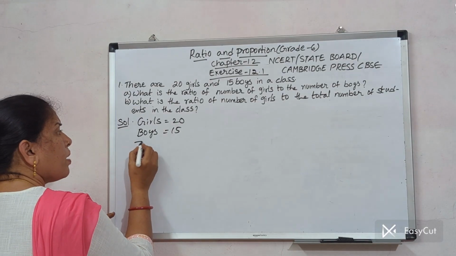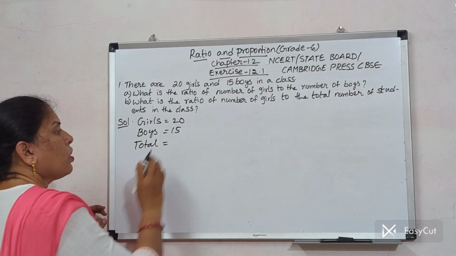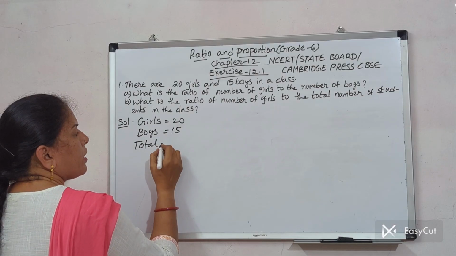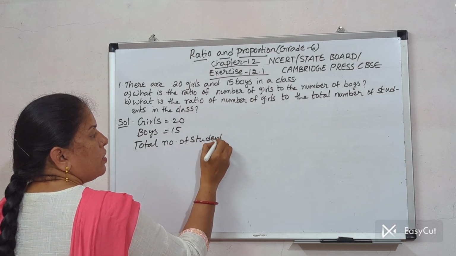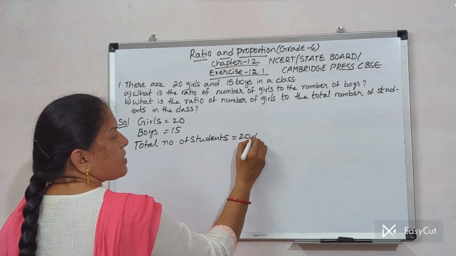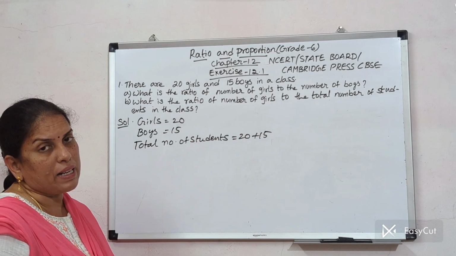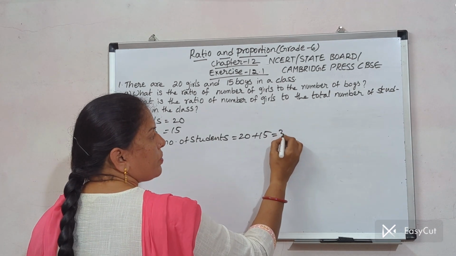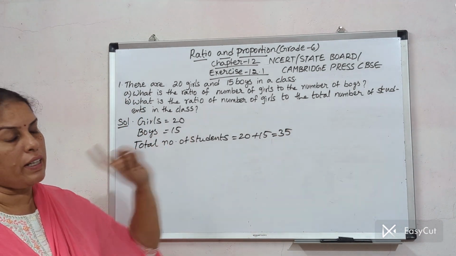What is the total number of students? Total number of students is 20 plus 15. That means the number of boys plus the number of girls is equal to 35. Total number of students is 35.